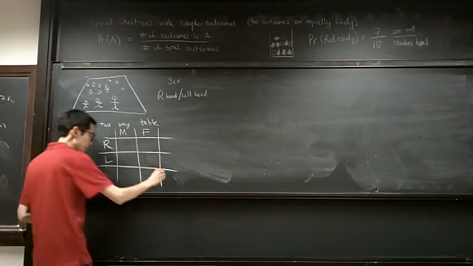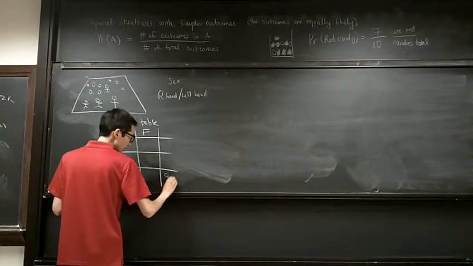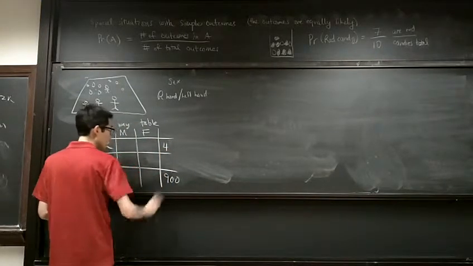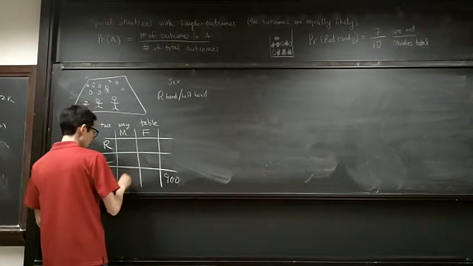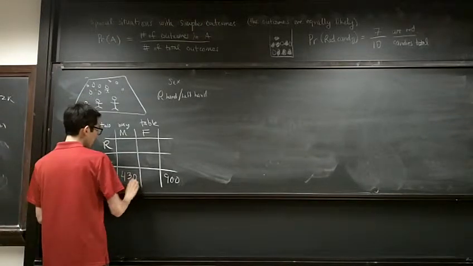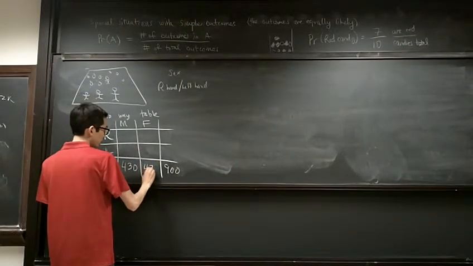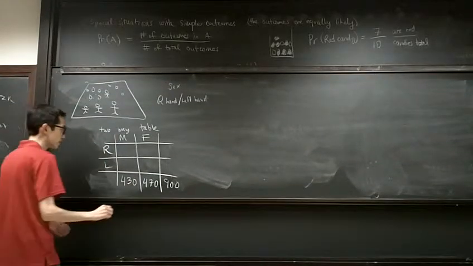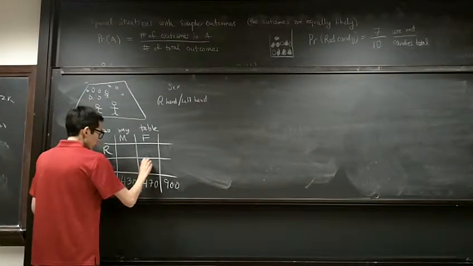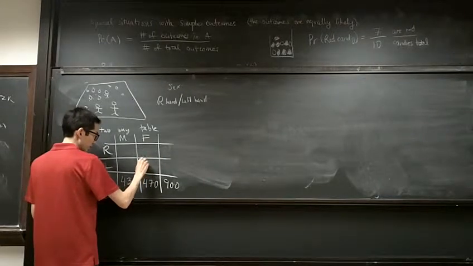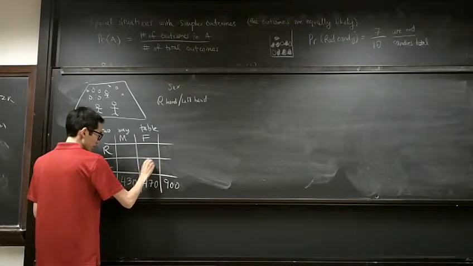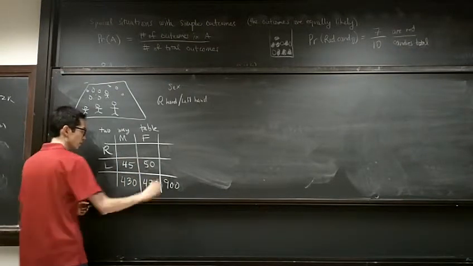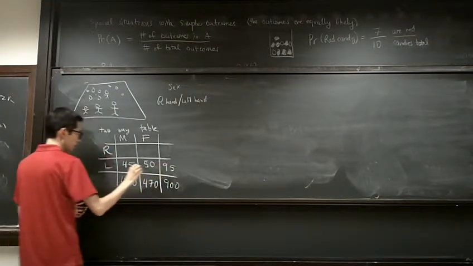And let's say I've got a total of 900, with 430 males and 470 females, and let's say 50 and 45, so that gives me 95.